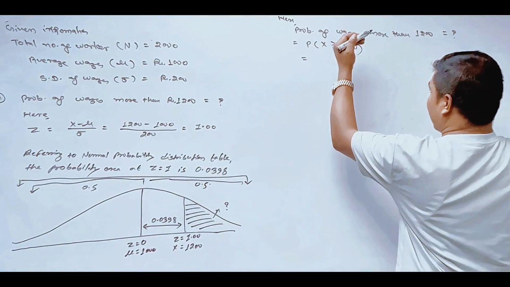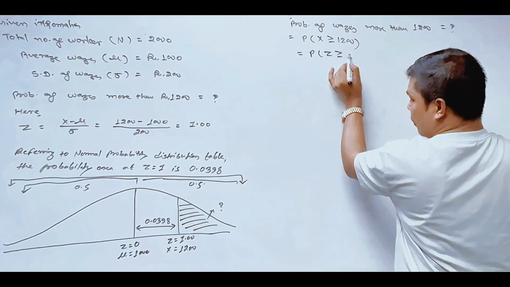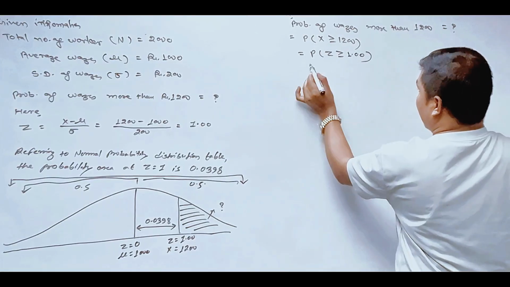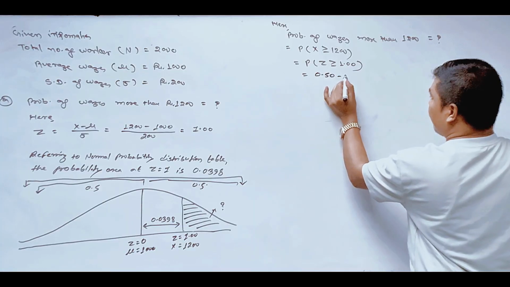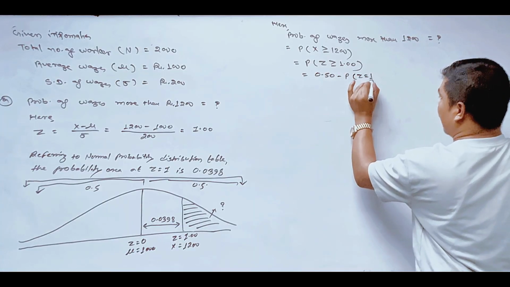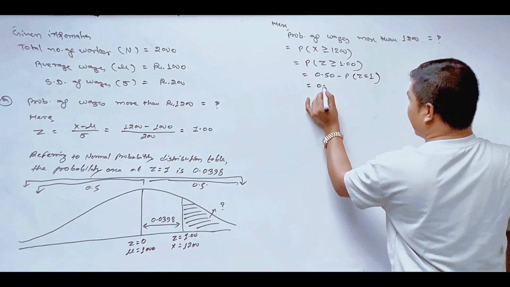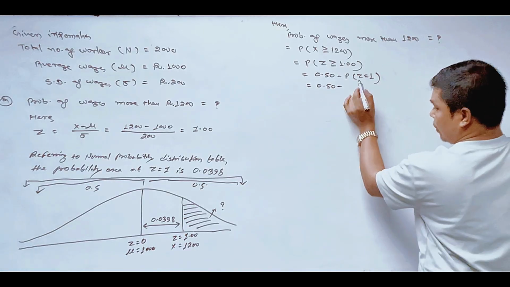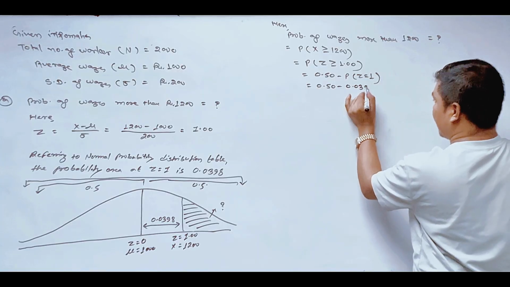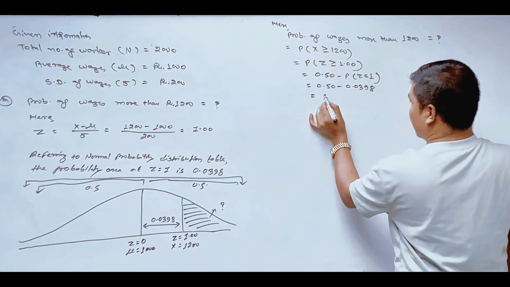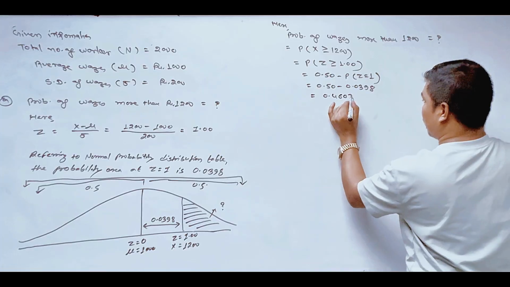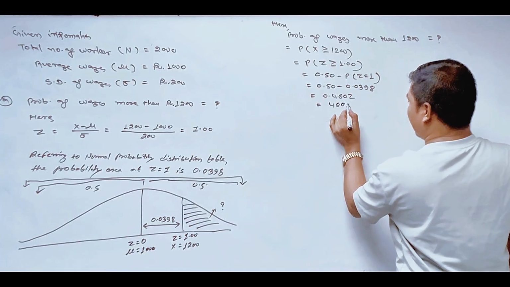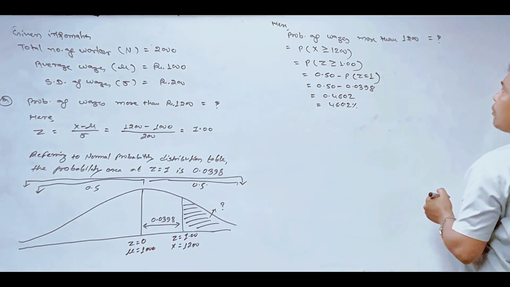Then we convert the value of X into the Z value, so P(Z ≥ 1). It means 0.50 minus P(Z = 1), which is 0.50 minus 0.3413, or 0.1587. 15.87% is the probability of getting wages more than 1,200.